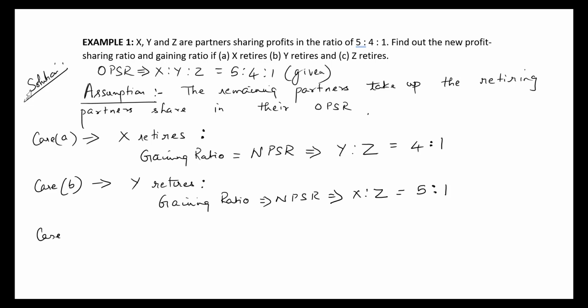And finally the case C, where Z retires, the gaining ratio between X and Y, as well as the NPSR between X and Y, will be equal to 5:4.